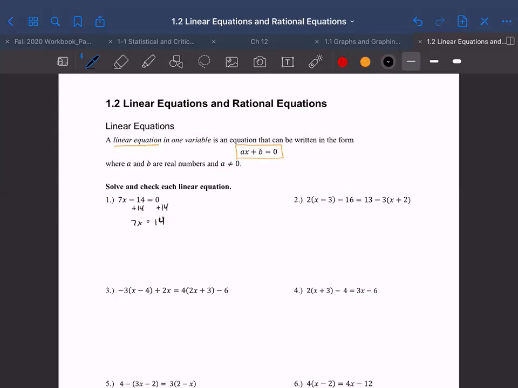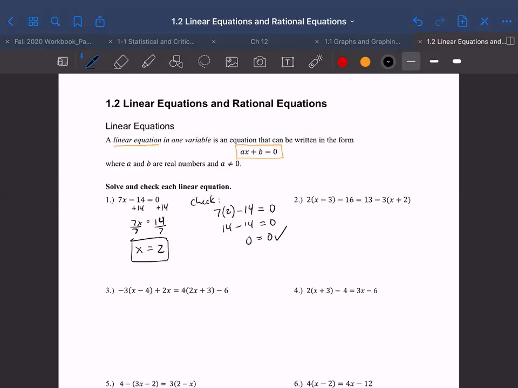I am then going to divide both sides by 7, and I'll get x equals 14 divided by 7, which is 2. So there we got our answer, and now we want to do a quick check by plugging it back in and seeing if it works. So we're going to plug in 7 times 2 minus 14 and see if that equals 0. We're just checking it like before. So 7 times 2 is 14. We have 14 minus 14. We end up with 0. There we go.